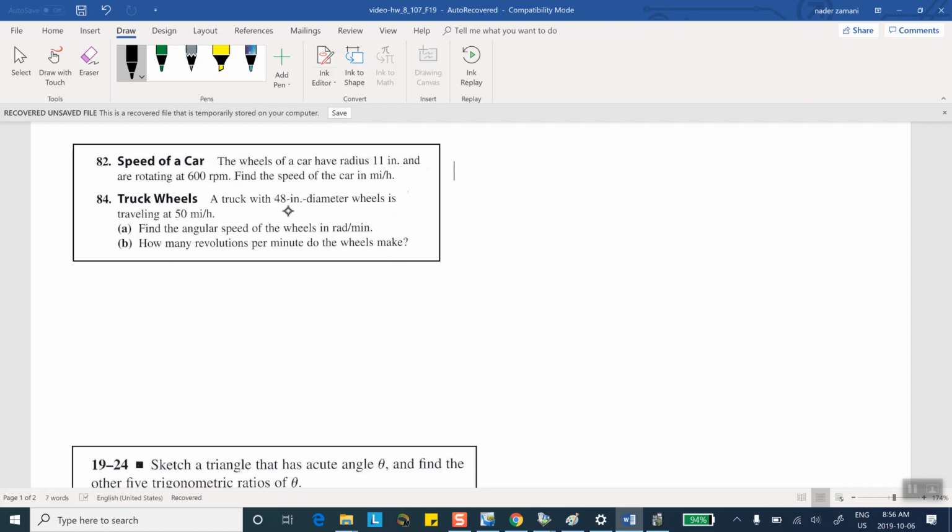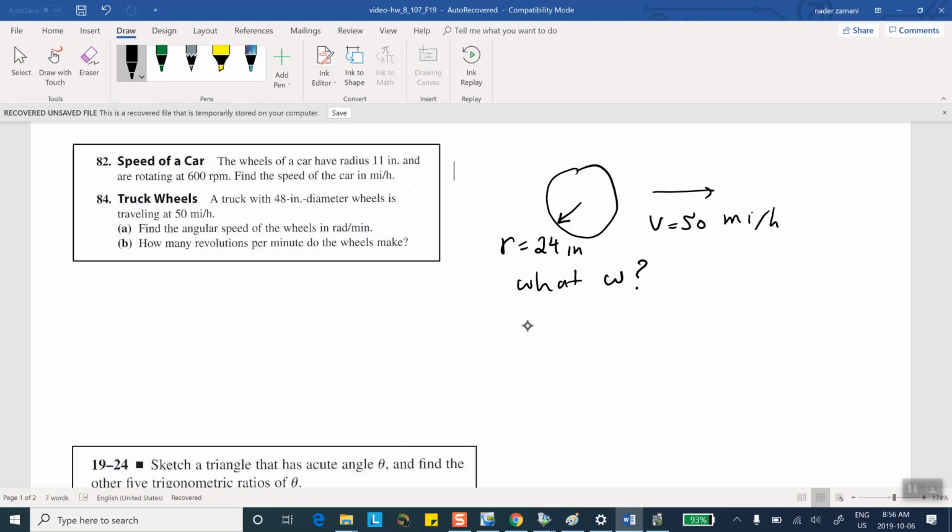A truck, here's a truck. The diameter of the wheel is 48 inches, so the radius is 24 inches. It's traveling at 50 miles per hour, in other words, v is equal to 50 miles per hour. What we'd like to know is what is the angular velocity, angular speed. What is omega? Now the formula that we got is v equals r times omega.